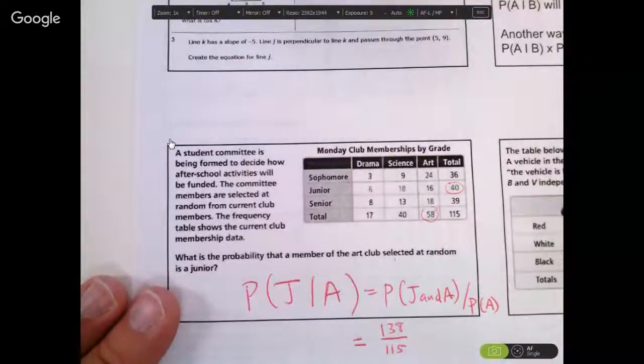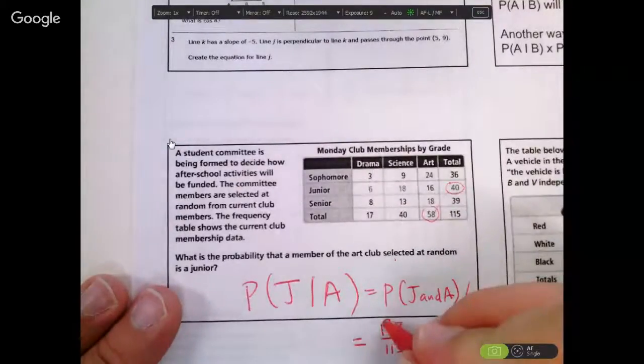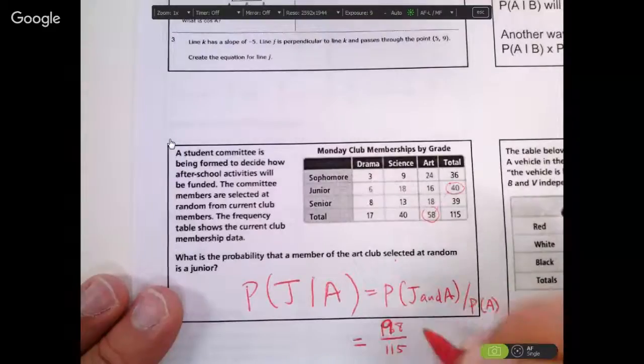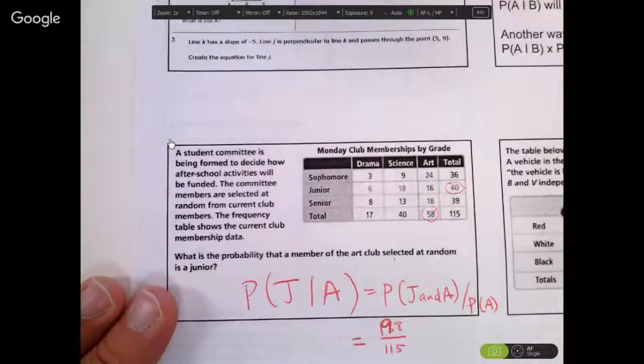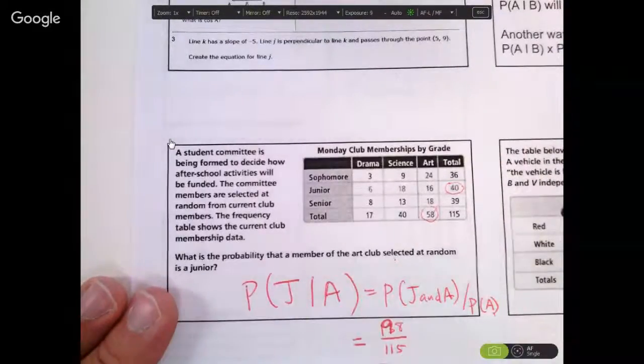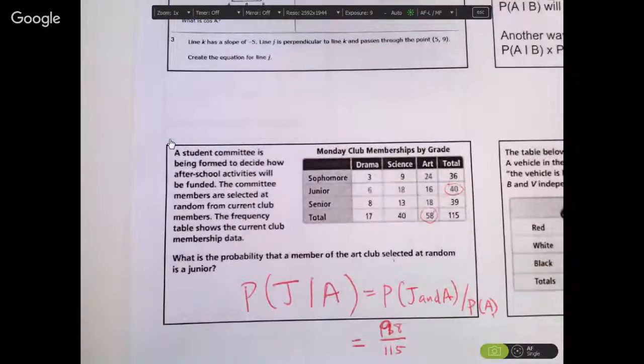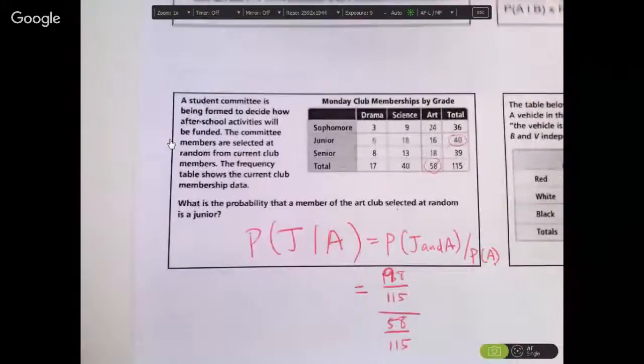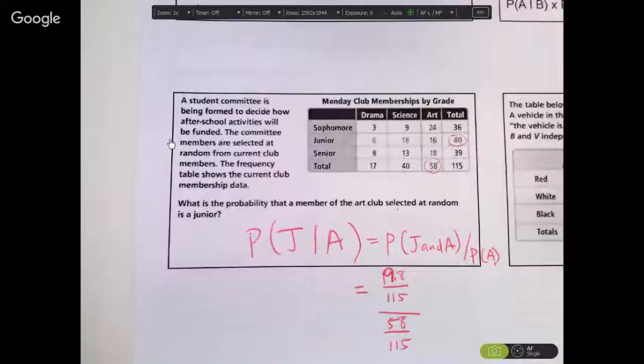Divided by the probability of being in art. So how many kids are in art? 58 out of 115. A fraction over a fraction? Yes. Guys, you can't just start talking.